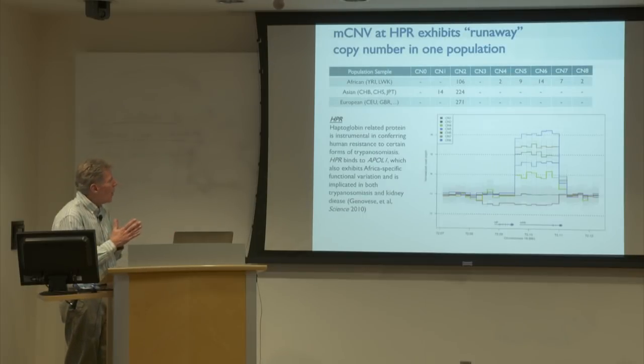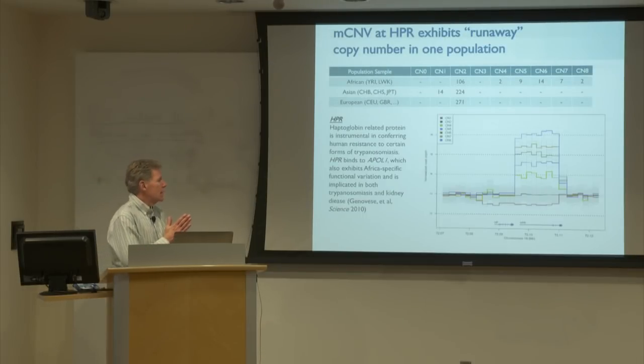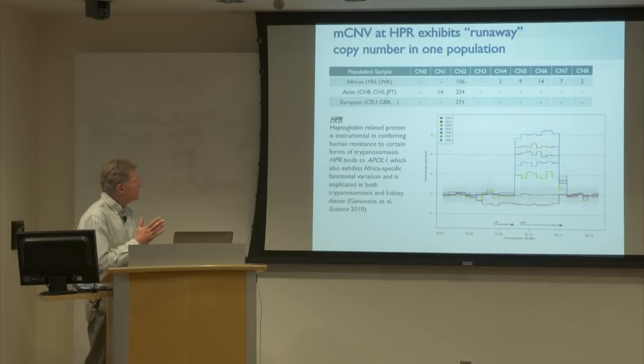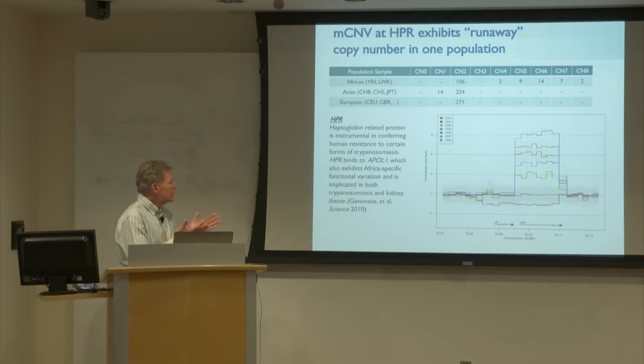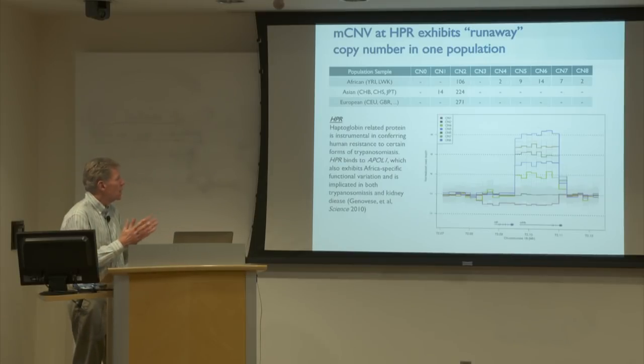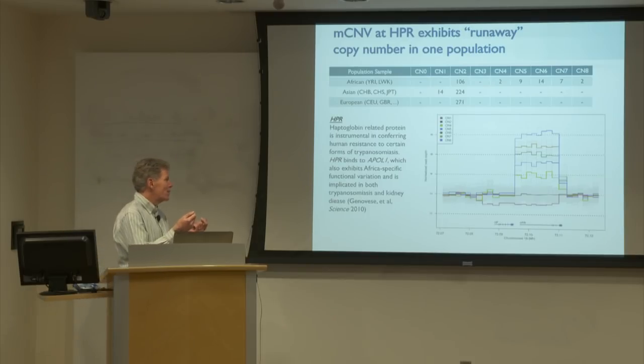Just to give you kind of a qualitative sense of this, I'll show you one example of trying to impute a particular CNV, which is at the haptoglobin-related protein HPR. So HPR helps confer resistance to certain forms of trypanosomiasis.